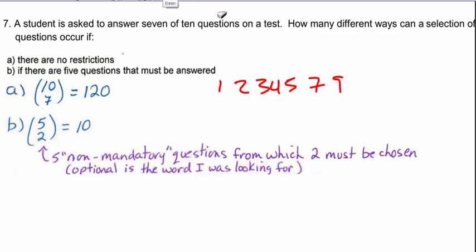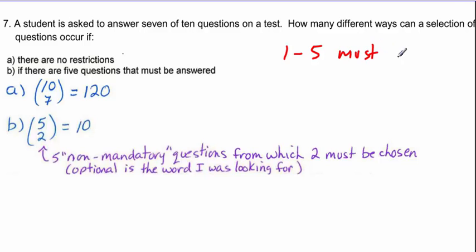In the second part now, there are 5 questions that must be answered. So you can sort of think of this one as if questions 1 through 5 on the test are must do, and questions 6, 7, 8, 9, 10 are pick 2 out of those ones.